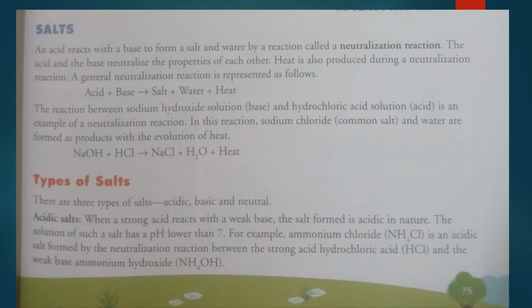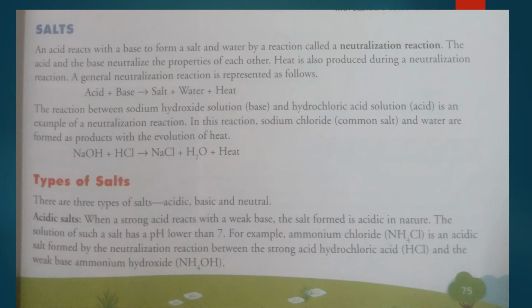In this reaction you can see the salt is forming. So salt forms here with the help of the neutralization reaction. Now salts also have different types. Some salts may be acidic, some basic, or some salts are neutral.